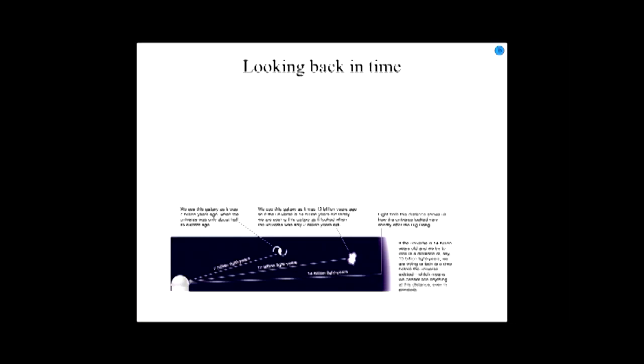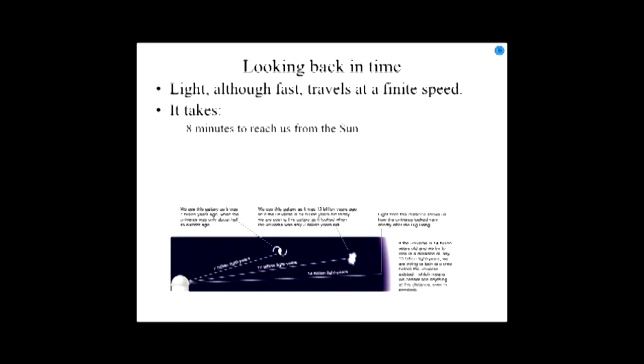So when you look up into the stars at night, like you might do this evening or during the semester, you're seeing the stars, the planets, even the galaxies, as they were when the light left those objects, however many light seconds, light minutes, light years away they happen to be. So for example, it takes 8 minutes for light to go from the sun to the earth. When you see the sun up, you're seeing where the sun was 8 minutes ago.